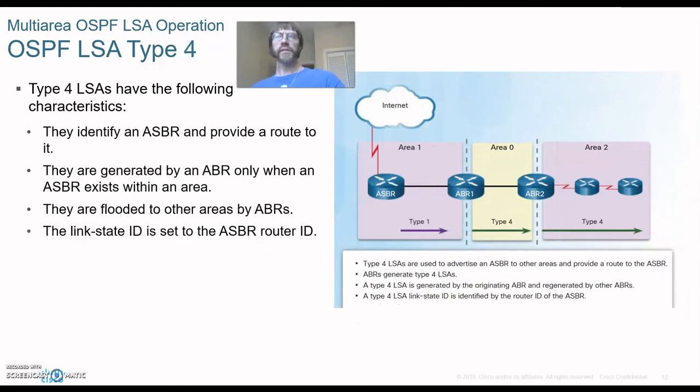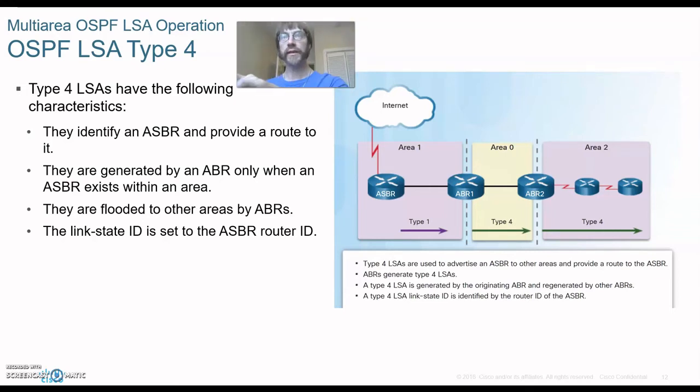Now, the type 4 will identify an ASBR specifically, and it will only be advertised by an ABR if it has noticed the ASBR. Say, for example, your ASBR advertises its gateway and tells the ABR about it.